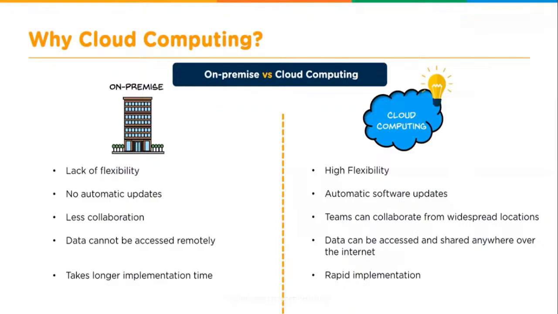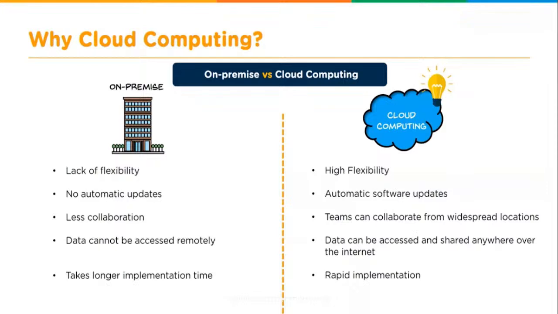In on premises, if I am working with a team that is spread across the globe, working in unison and sharing the data is tedious work. But with the cloud, there are a lot of tools and technologies put together that make it easier to share the data with other members in the team or with new prospective customers, who may be present on the other side of the globe.